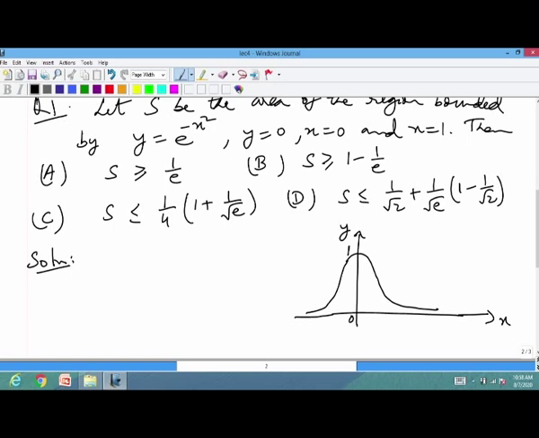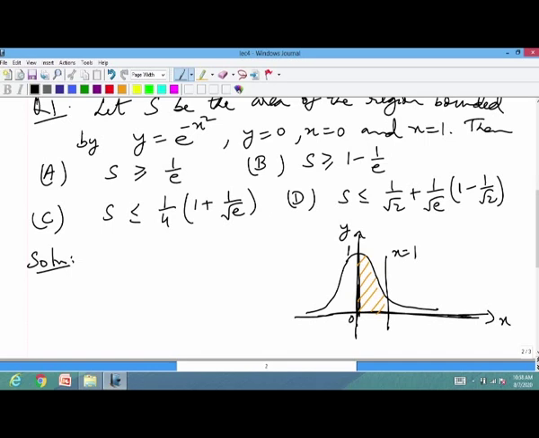So, this region is the area bounded by this curve, y equal to 0 is the x axis, x equal to 0 is the y axis, and x equal to 1. So, this is the region, and the area of this region is given to be equal to S.